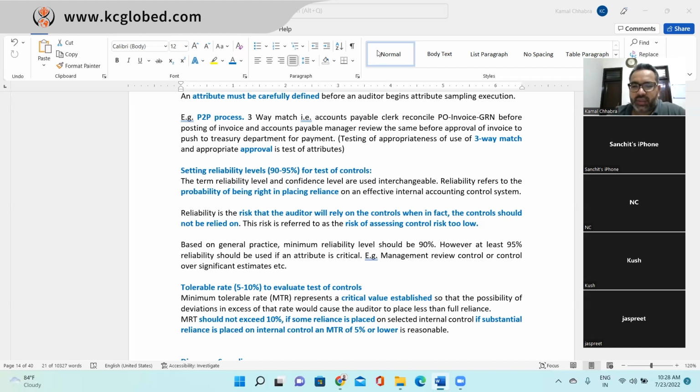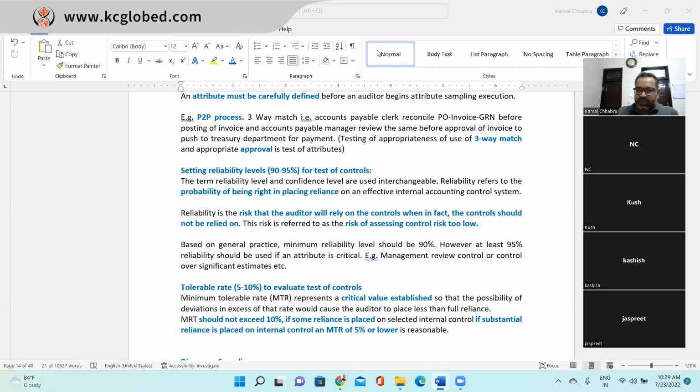Below we have certain tables to explain this, but just try to keep these two things separate. For example, if all the samples you have tested are perfectly fine, what will you be considering as an auditor? You will be relying on control, yes or no? Yes. Whereas in the rest of the population, there are misstatements.